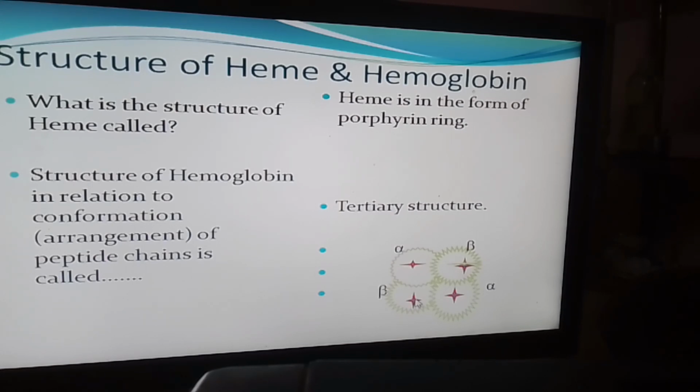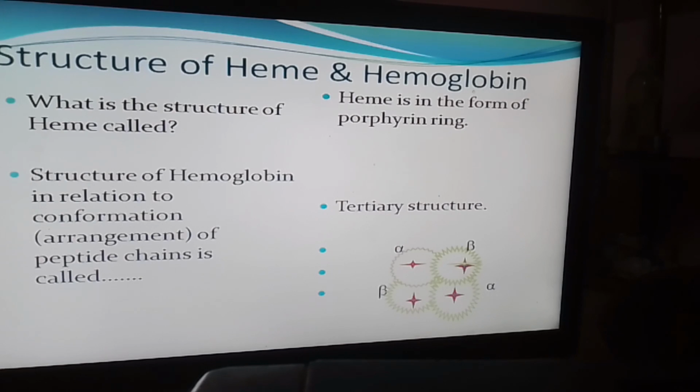And you may be knowing basically, the amino acid chains, simply you can call it a peptide chain, made of union of many amino acids. If it forms a helical structure, it's called an alpha chain.